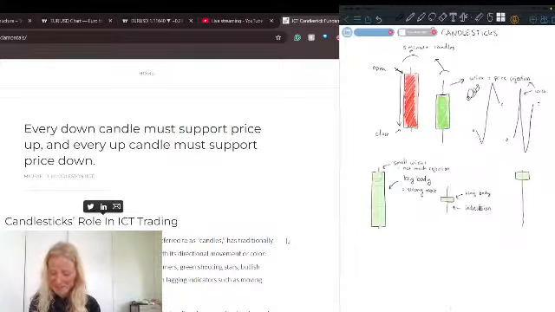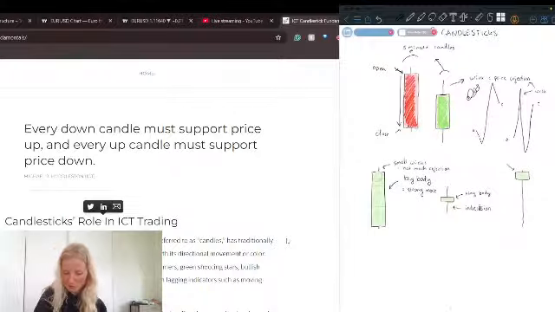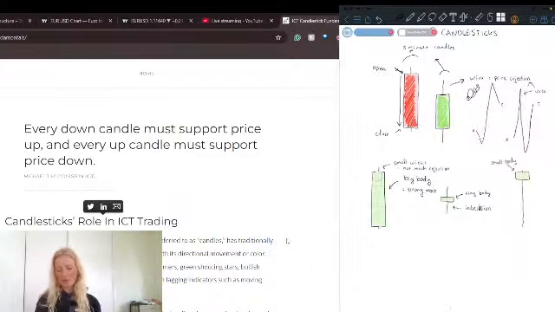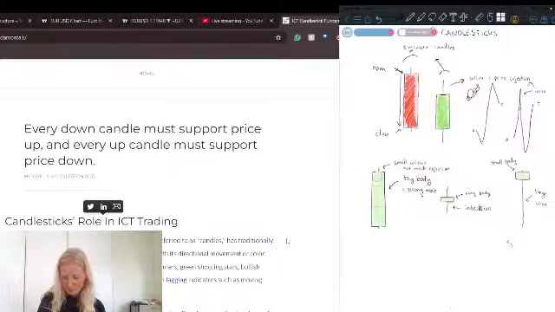Wow, okay. And then here we have a small body and a really, really long wick. So basically this third one means that price opens here. Then the sellers try to push it down, all the way down.